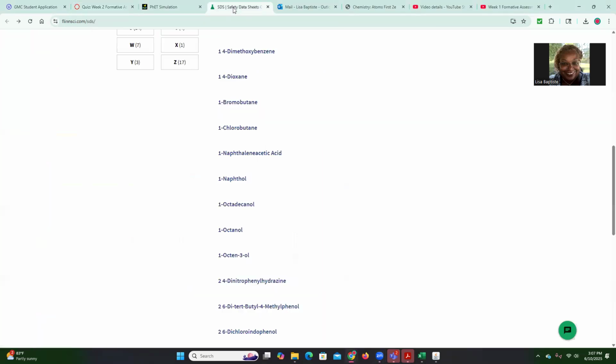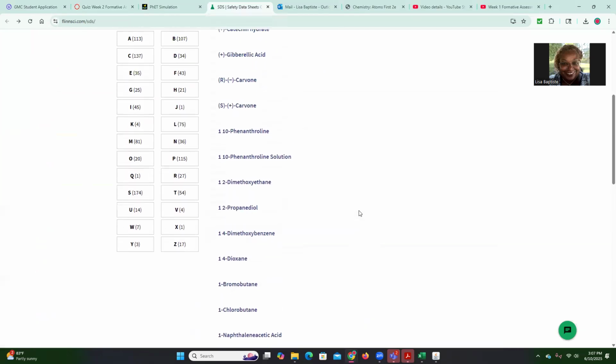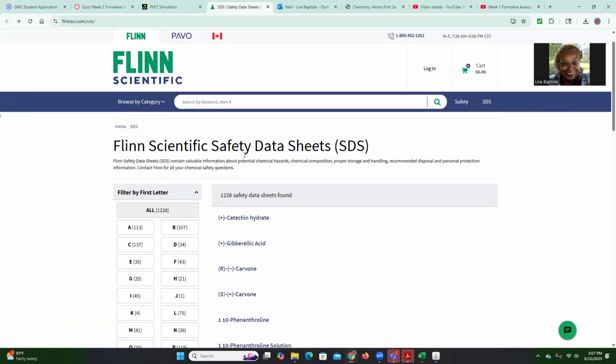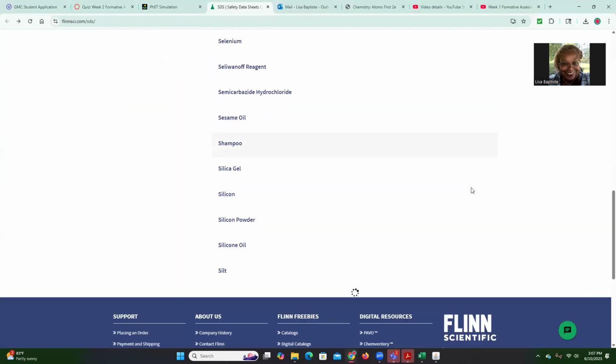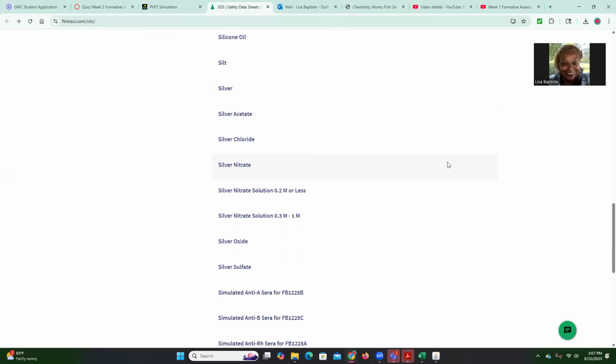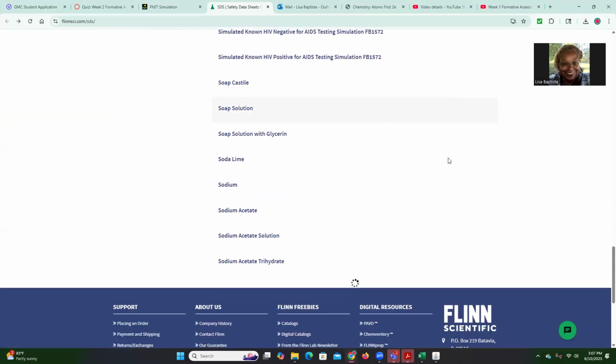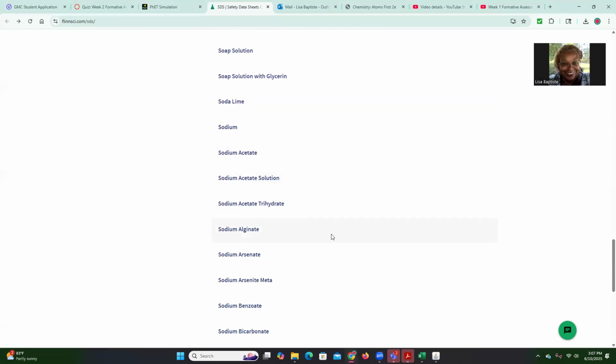When it comes up, okay, you're going to have the Flynn Scientific Safety Data Sheets. You are going to click on the S for sodium chloride and then scroll down till you find it.